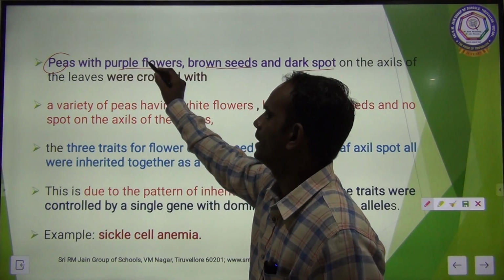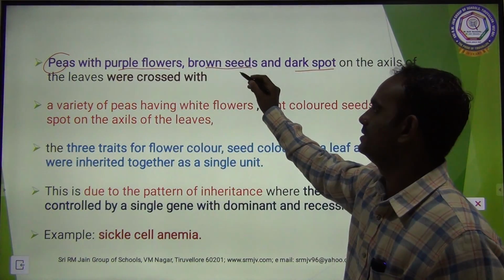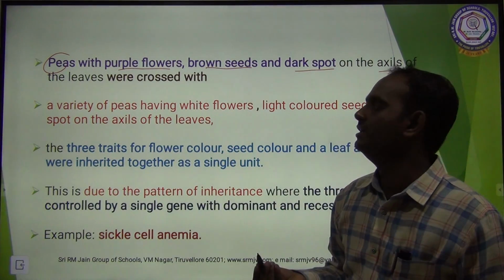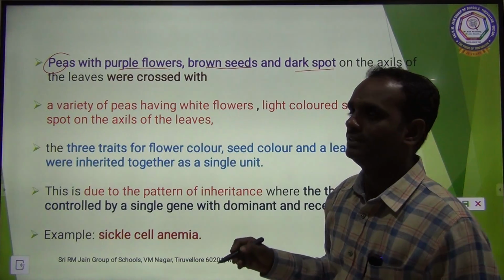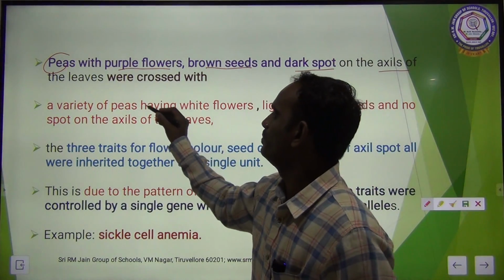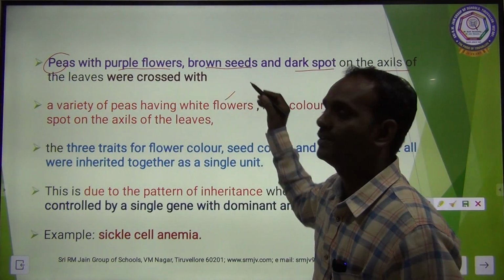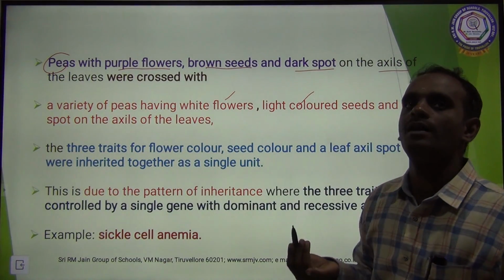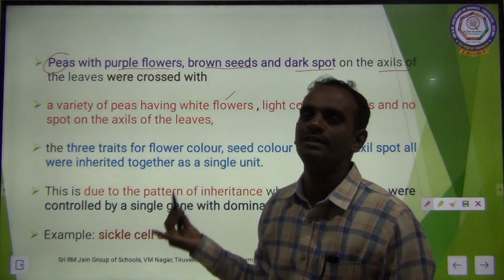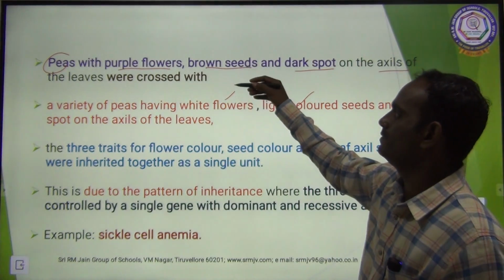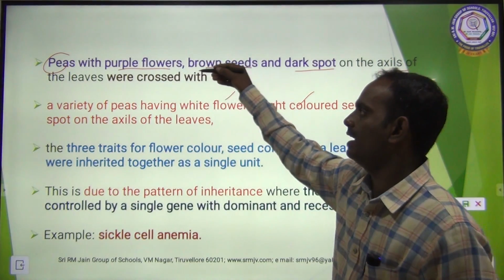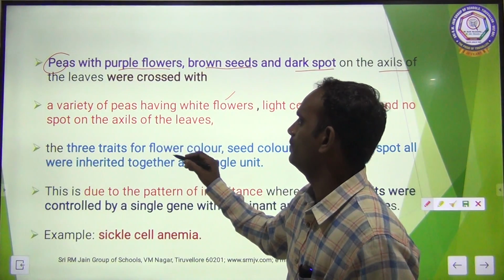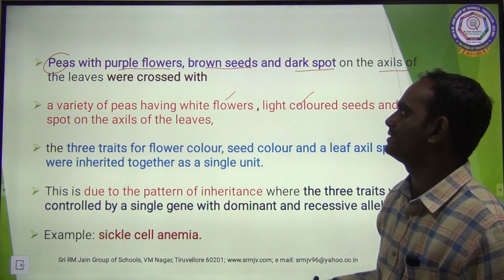Peas with purple flower, brown seeds and dark spot on the axils of the leaves were crossed with a variety of peas having white flower, light colored seeds and no spot on the axils of the leaves. So the cross was between the purple flower and the white flower. What are the three traits?